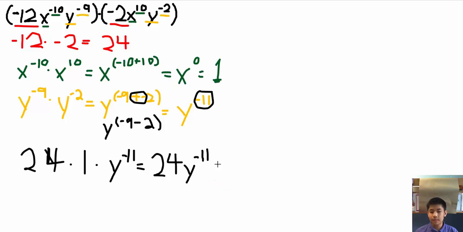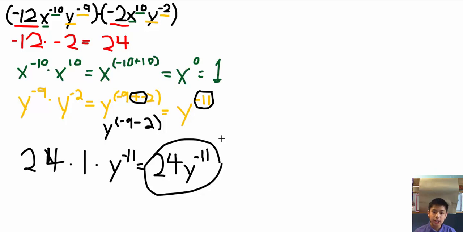If the question does not specify positive exponents only, then this answer would work as our final answer. But what happens if the question does ask for positive exponents only? Then this wouldn't work, since negative 11 is a negative exponent. Therefore, we have to convert it so that it becomes positive.